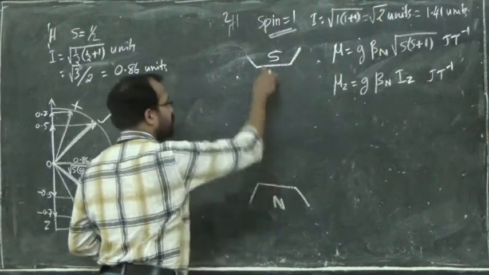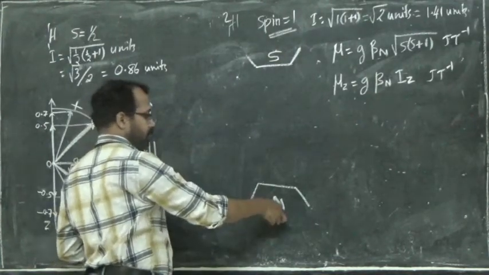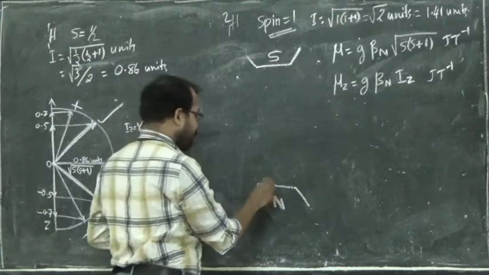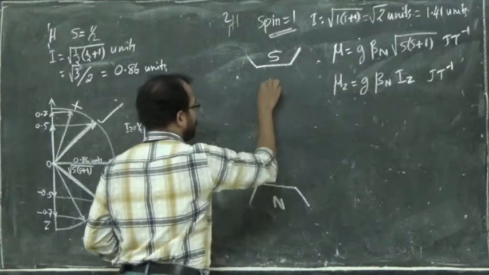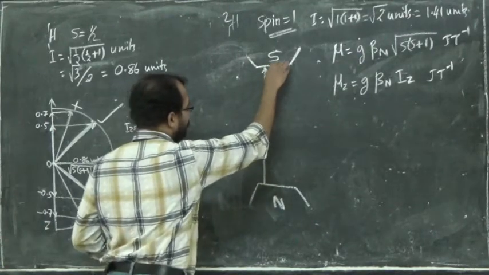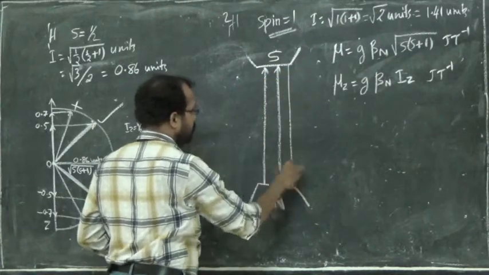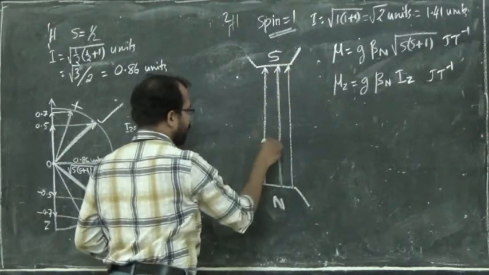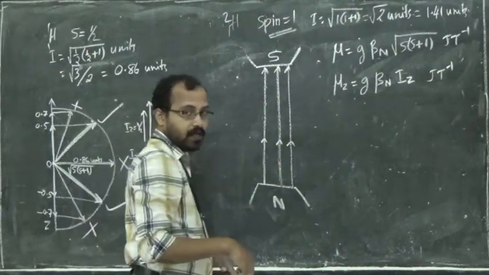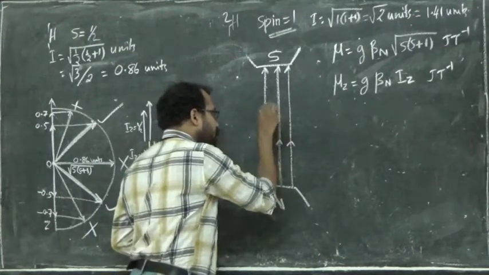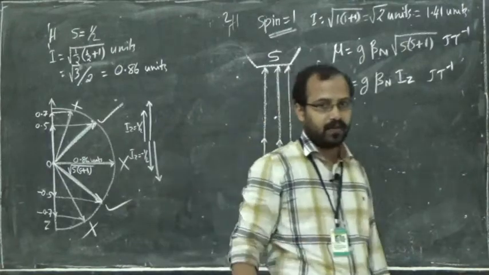The magnetic lines of force were like this inside the magnet, and then it emerges out of the magnet, and from north to south it will proceed like this. So this is the direction of the magnetic lines of force, and this is where we are going to place the nucleus. We are going to place the nucleus inside this magnetic field.